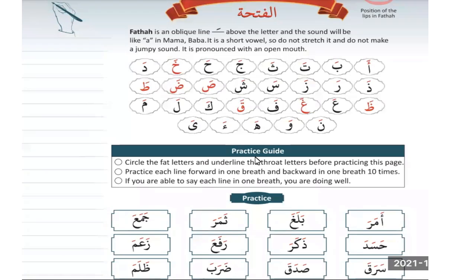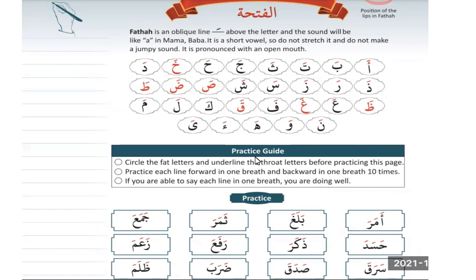right? But the sound we are taking in our nasal cavity. We are using these parts. So this is called a nasal sound letter, na, and another one is mim. So noon and mim, we use our nasal cavity. So it is also called mim fatama and noon fatana.